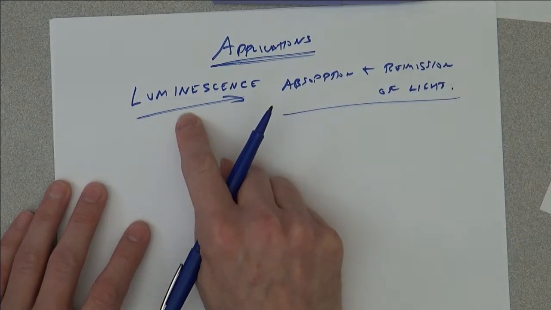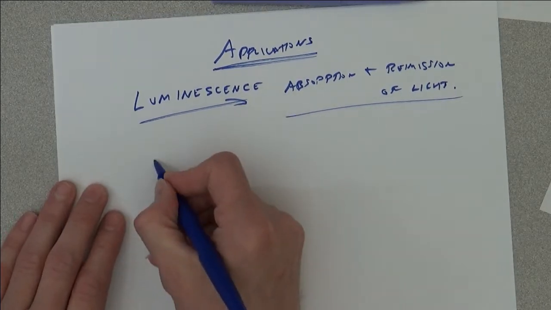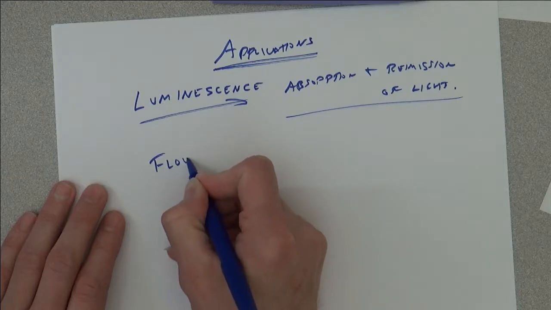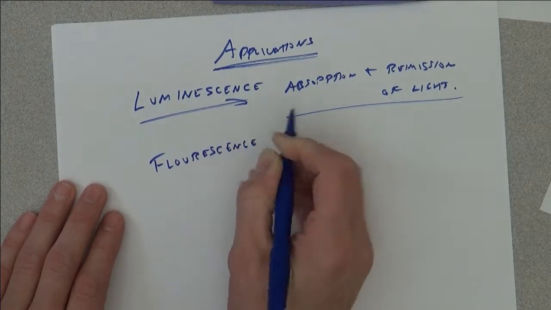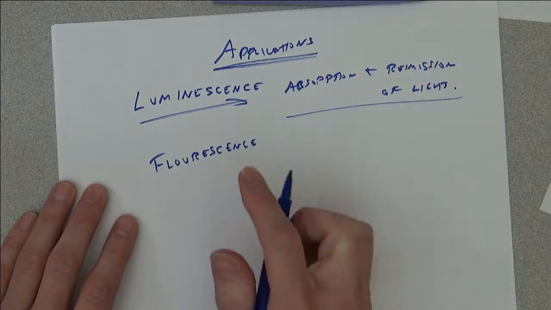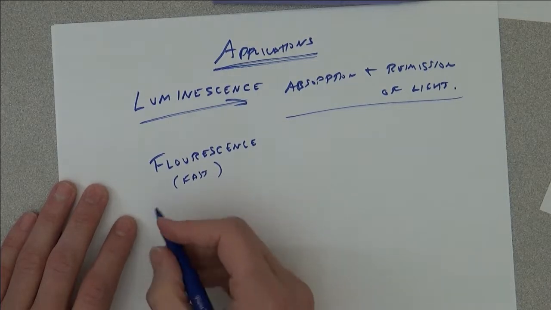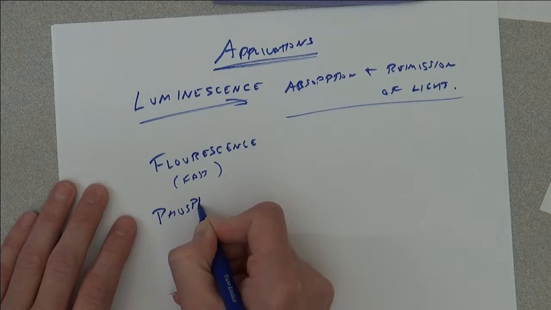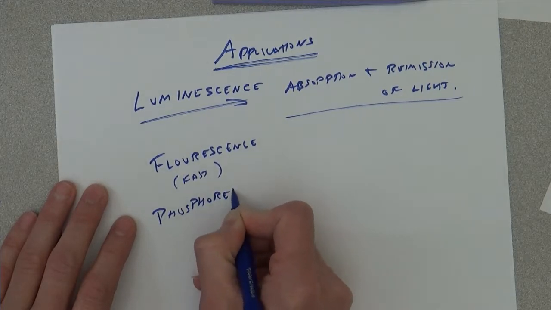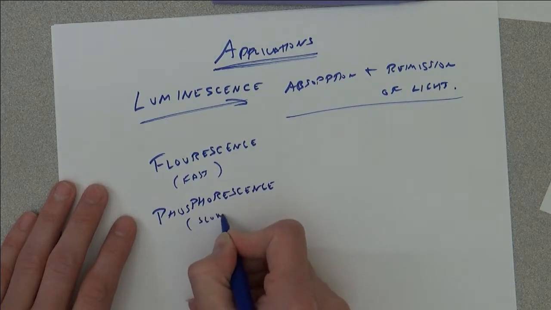Now, within the topic of luminescence, we have fluorescence, which is relatively fast. And we have phosphorescence, which is relatively slow.